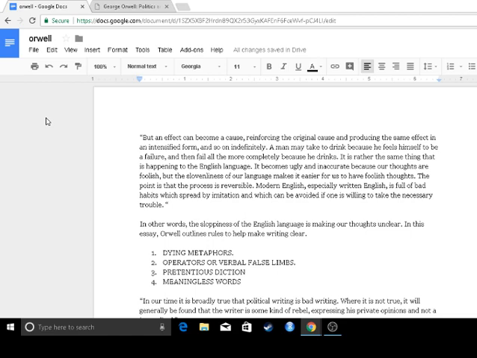So in other words, what do you guys think Orwell is saying? Okay, yeah, that's good. Sloppiness in writing can make our thoughts unclear. He's also saying something else. He's saying that as our thoughts become ugly and inaccurate, they become sloppy, and it becomes easier to have more sloppy thoughts.